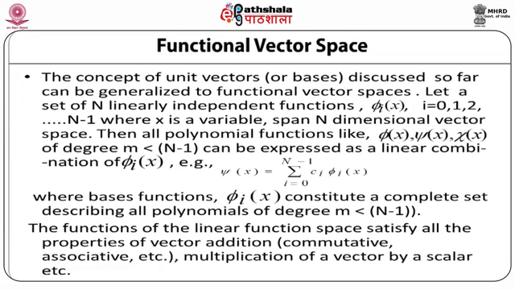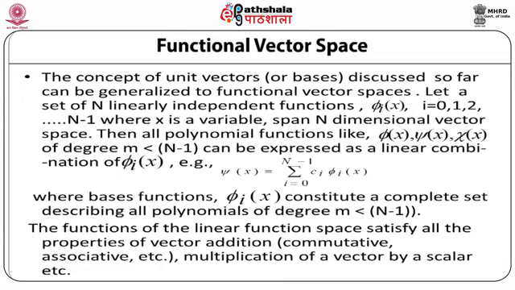The functions of the linear function space satisfy all the properties of vector addition, that is, they are commutative, which means that if we have two functions phi(x) and psi(x), both functions of x, then phi(x) plus psi(x) is equal to psi(x) plus phi(x).